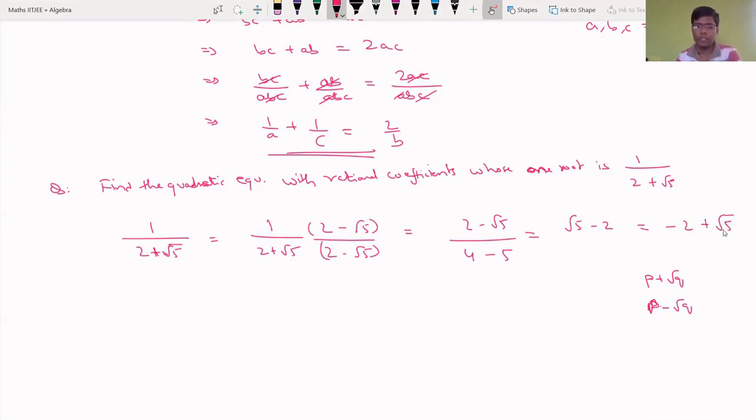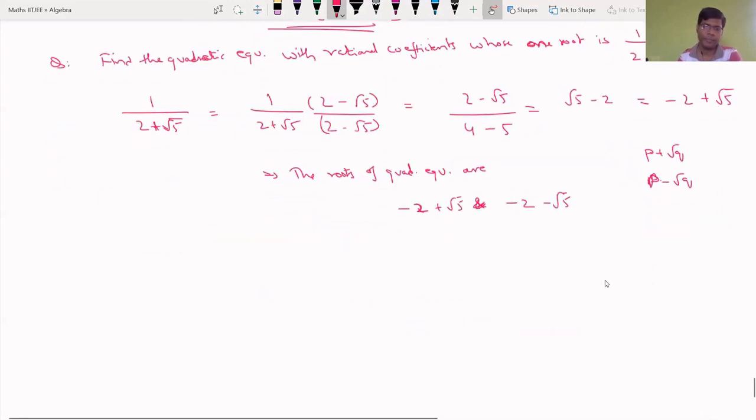So minus 2 plus root 5 is a root, which implies the roots of the quadratic equation are minus 2 plus root 5 and minus 2 minus root 5. So these two will be the roots, because if this is the root, then this has to be the root. That's how they occur in pairs.